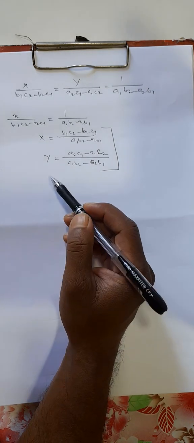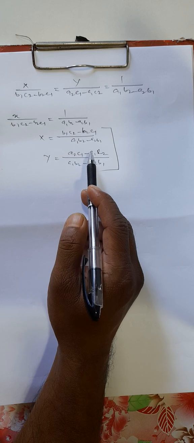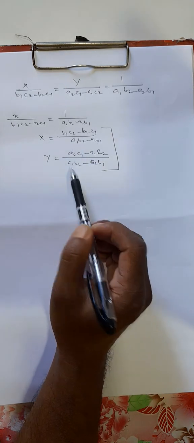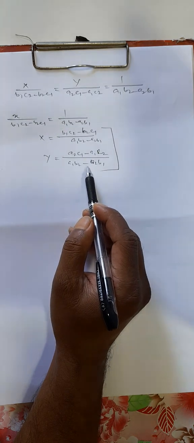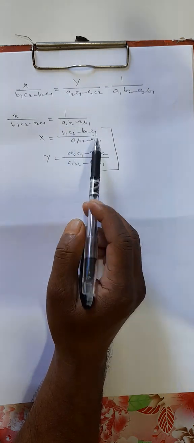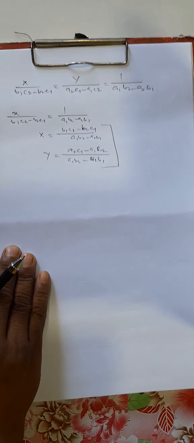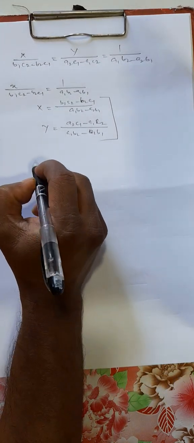Now, in both cases, you see denominators are the same, a1 b2 minus a2 b1. In the case of y also, this is a1 b2 minus a2 b1. Only numerators are different. So how will you remember this formula?